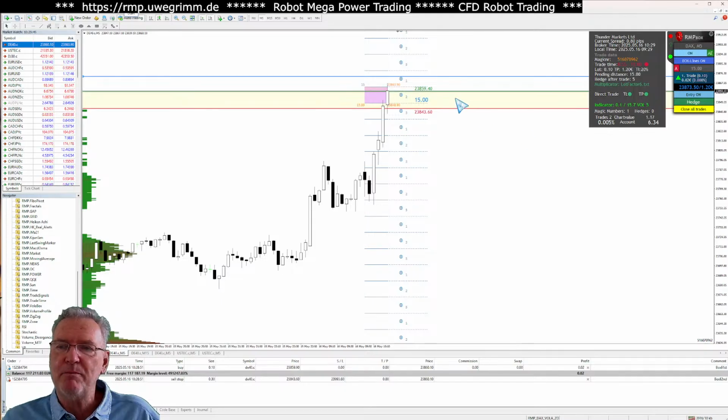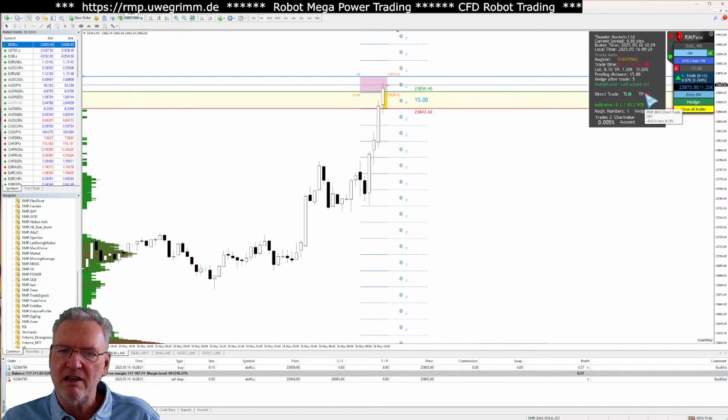When the take profit is reached, it will open a direct trade. Look, here it is. Direct trade on, click to turn off. When the take profit is reached, TP, take profit, then when this is red, it will not create another direct trade, it will make pendings.